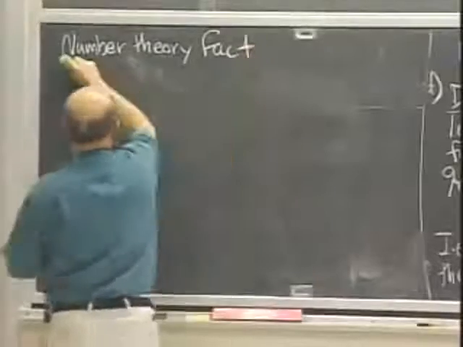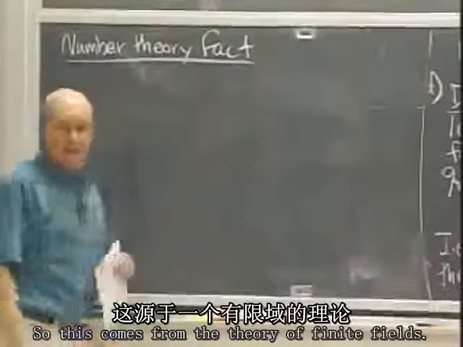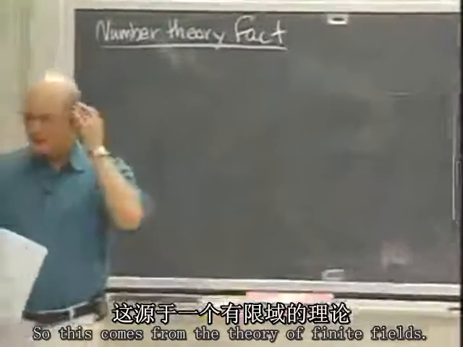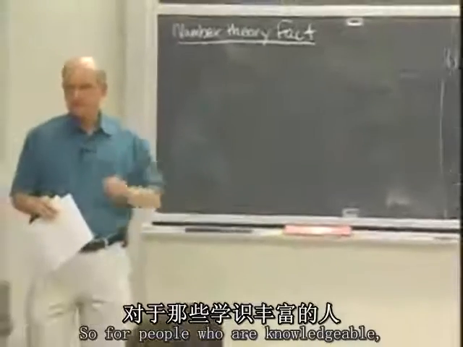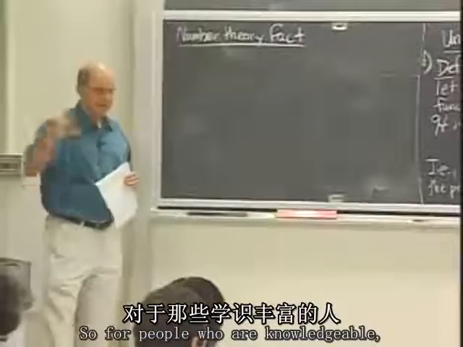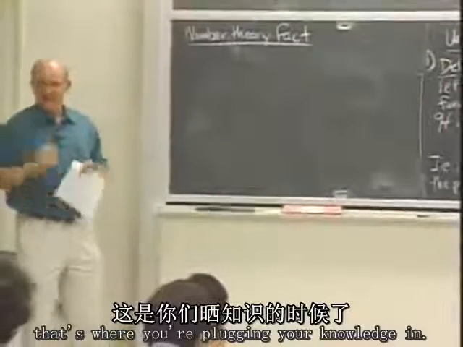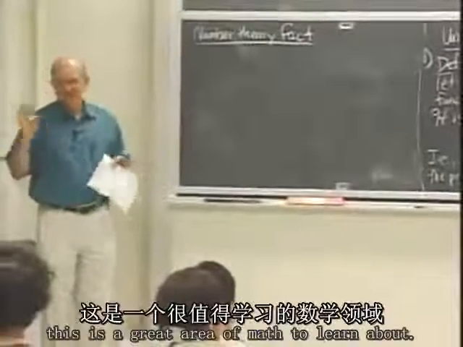Okay, so this comes from the theory of finite fields. So for people who are knowledgeable, that's where you're plugging your knowledge in. If you're not knowledgeable, this is a great area of math to learn about.